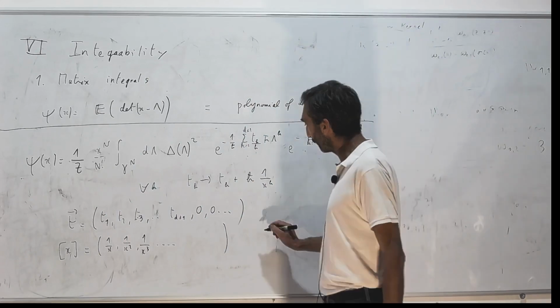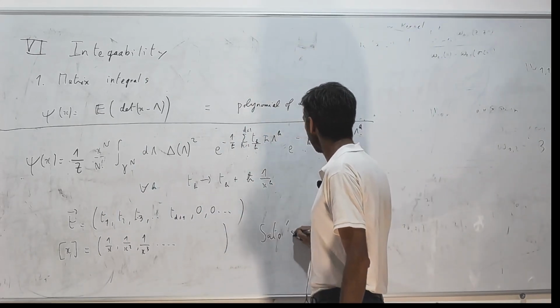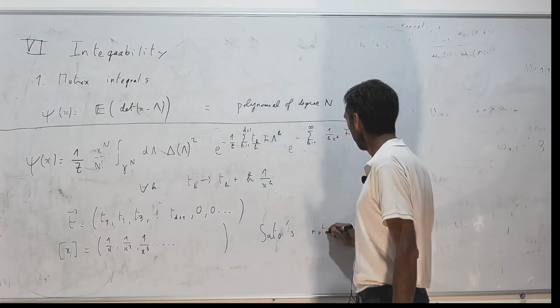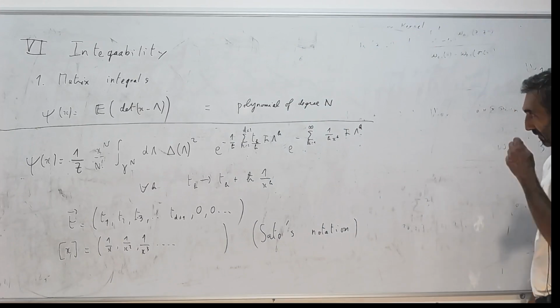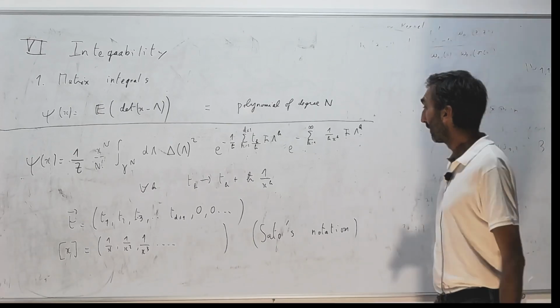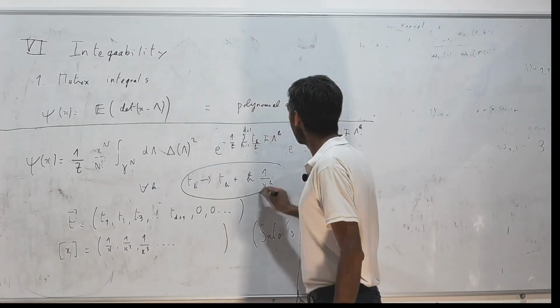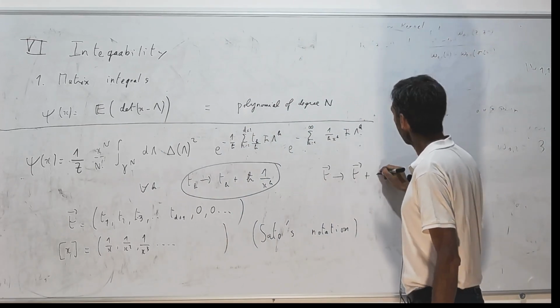This is called Sato's notation. So this formula just means that we have changed t to t plus h bar x.